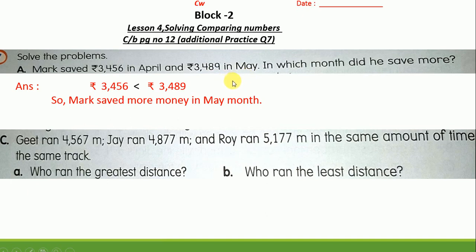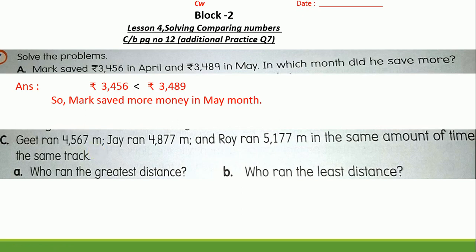Okay. Now let us see one more example. The question number C. Geet ran 4,567 meters. The M is written, right? M means meters. Meters is the unit to measure the distance.